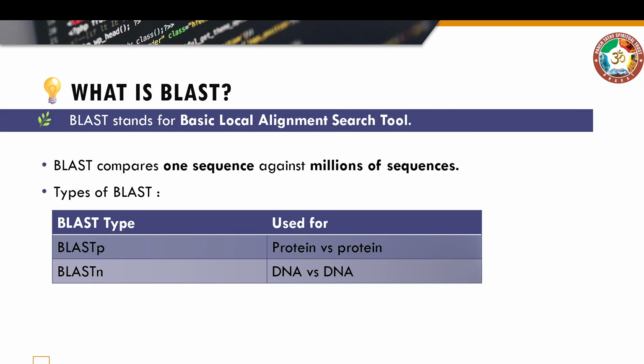So BLAST answers one simple question: where else does the same sequence exist? We have mainly 5 types of BLAST, but as we are working with protein sequences from UniProt that we downloaded yesterday, today we will use BLASTP.